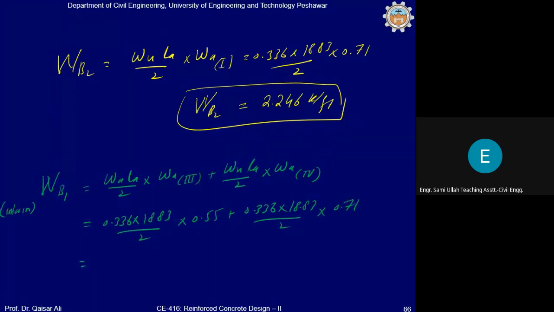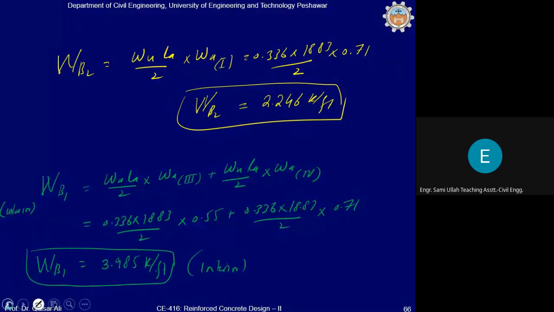So how much is the load? 3.985 kip per foot. This is the load acting on the interior span of B1. Is it clear up to here?